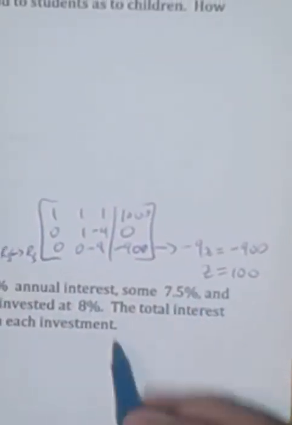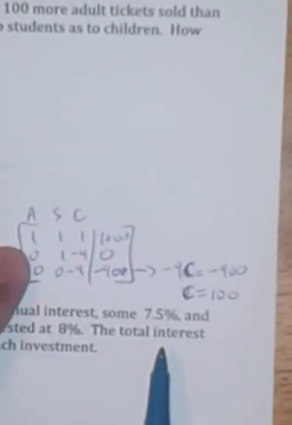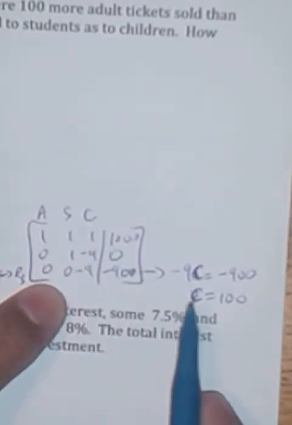Oh, z, hello. C, right? Negative 9c. All right, remember we're using A, S, and C instead of X, Y, and Z. All right, so these are the C's. Let me write them here. A, S, and C. All right, there they are. Okay, so I have negative 9c is negative 900.